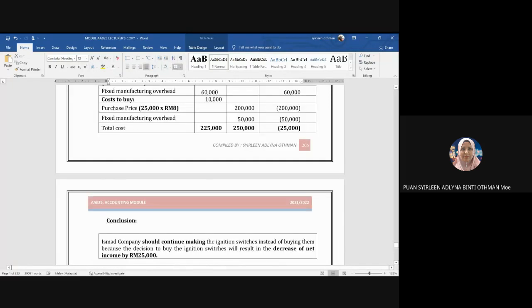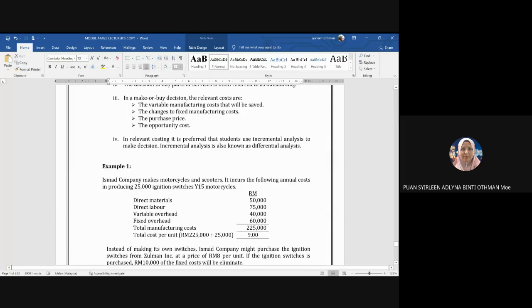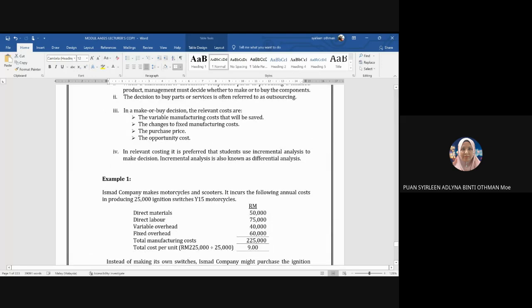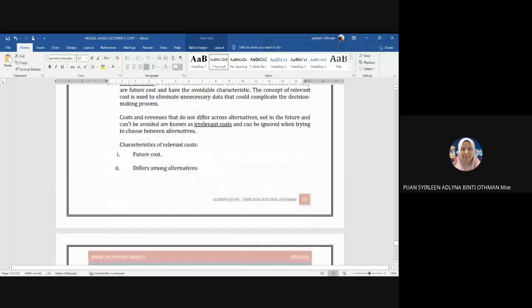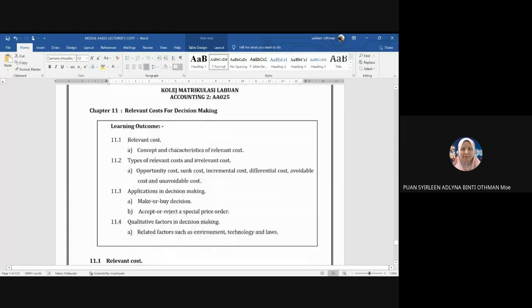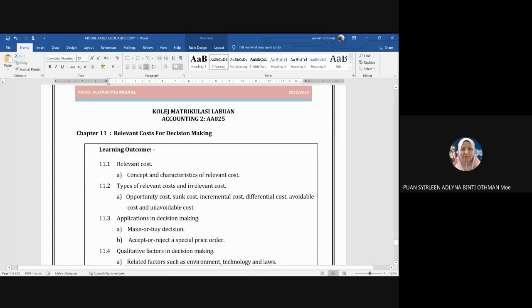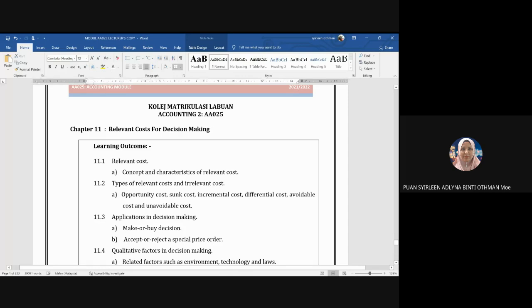Okay, kalau kamu tengok nota ni, actually ada few parts yang hari ni Madam akan skip that part, okay, because normally untuk topik 11 ni, kita akan ajar semua alternatif untuk jawab lah, alright. Tapi since latest info untuk marking, we need to focus only on relevant costs for decision making.